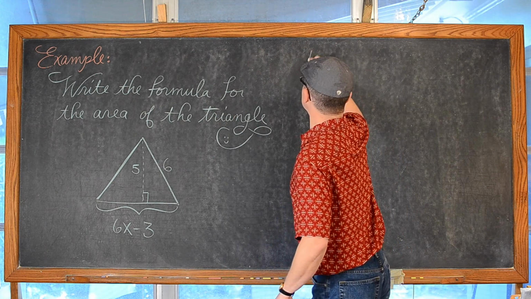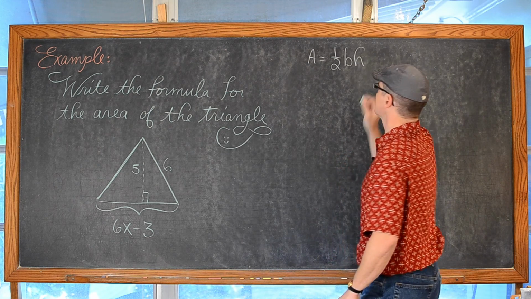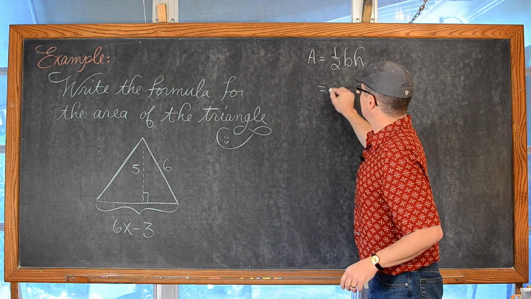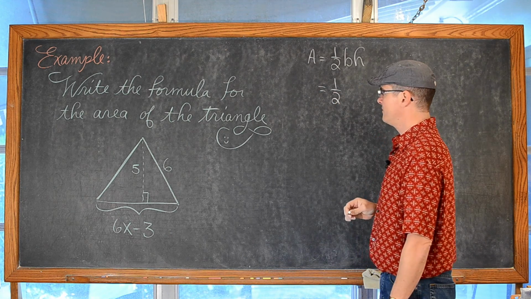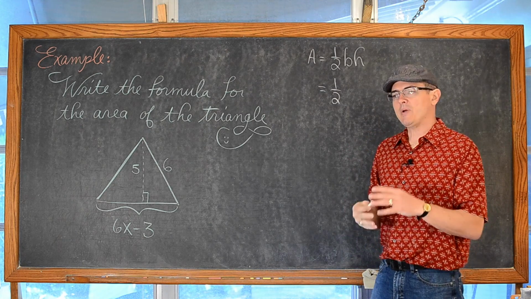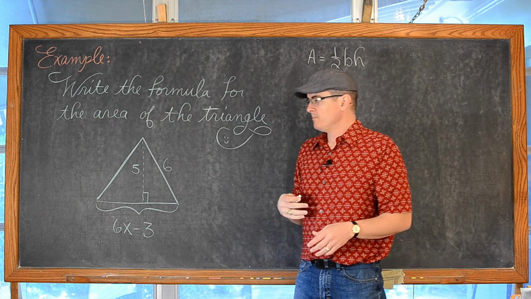But I do know that the area of a triangle is 1/2 base times height. So it's going to be equal to 1/2 the base. Now, when you look at a triangle, the base isn't necessarily the bottom, even though we like to draw it that way.